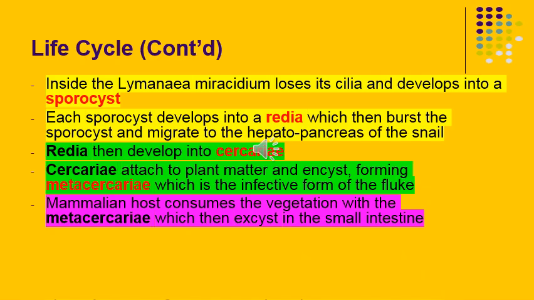Redia then develop into cercariae. The cercariae attach to plant matter and encyst, forming metacercariae, which is the infective form of the fluke. The mammalian host consumes the vegetation with the metacercariae, which then excyst in the small intestine. And of course, human is an accidental host for this form.